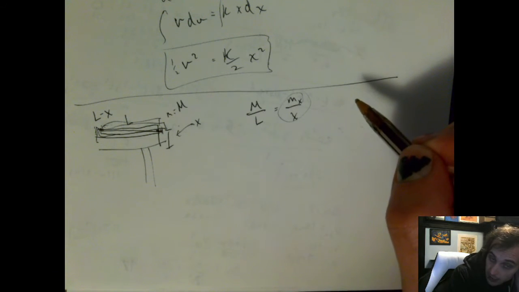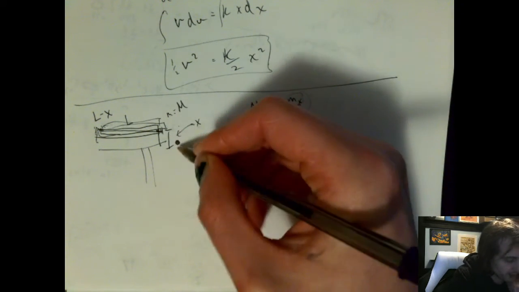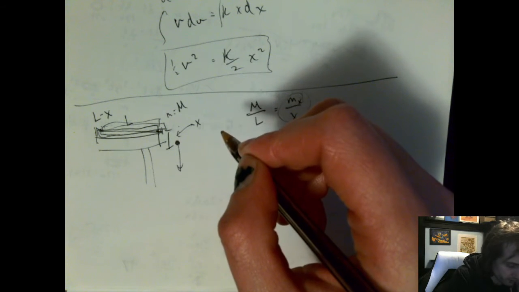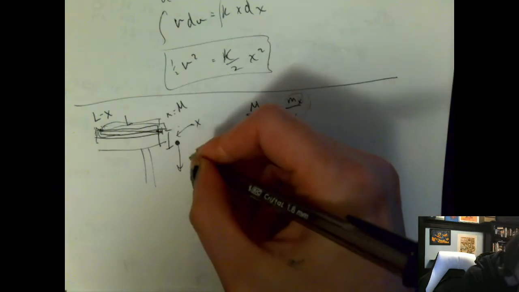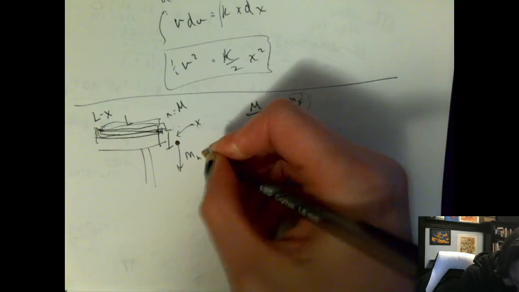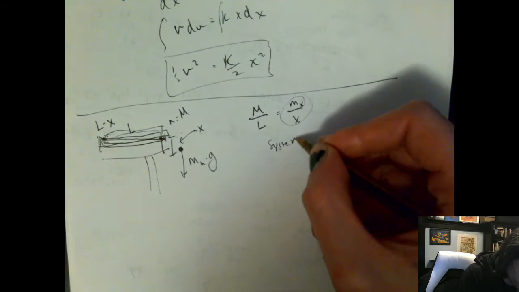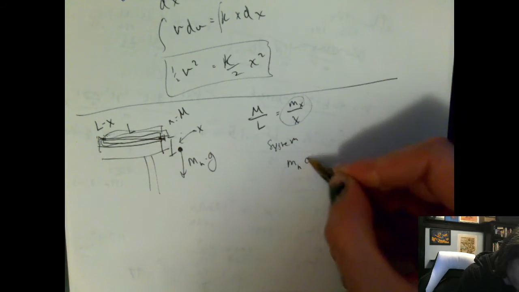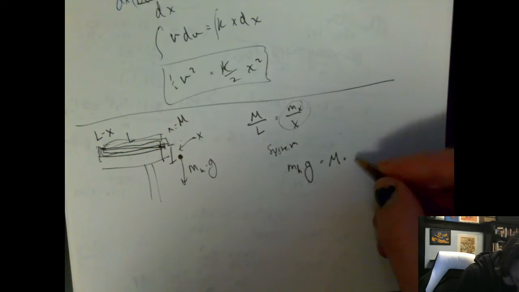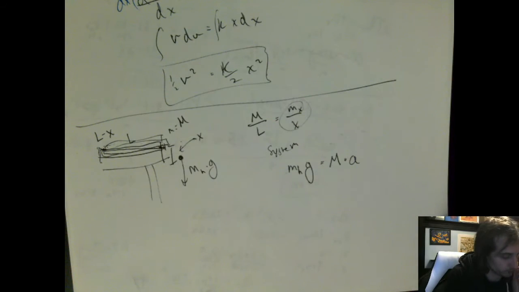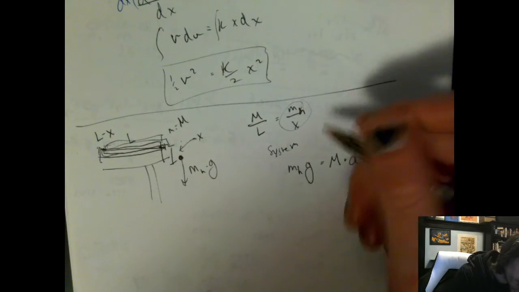So what we can do here is that the amount of net force pulling this chain off the table is going to be equal to the mass that's hanging off the table times G. For a system, that means that if we take m_H times G, that'll need to equal the total mass of the chain times the acceleration of the chain. m_H is a little bit weird though.